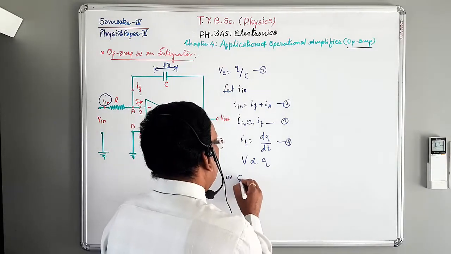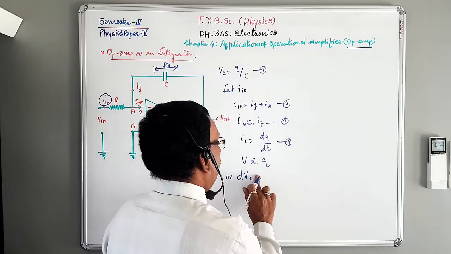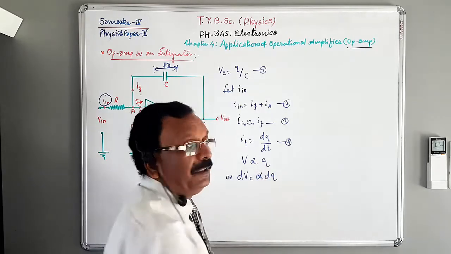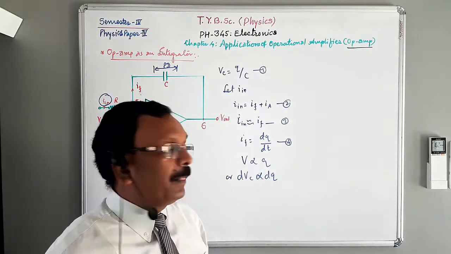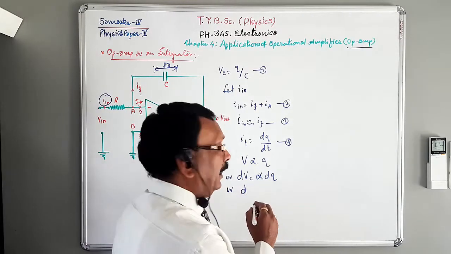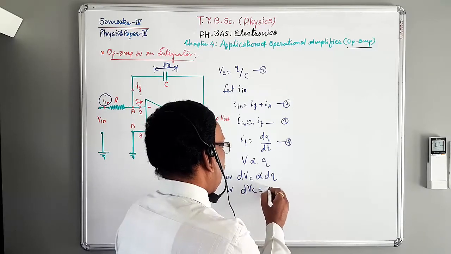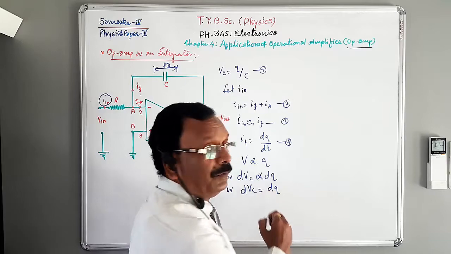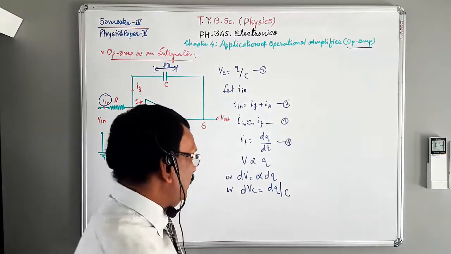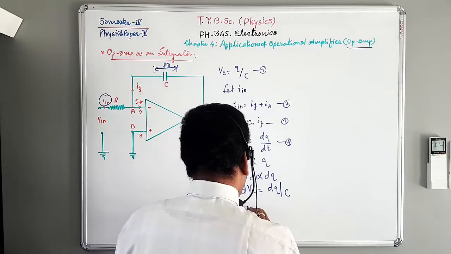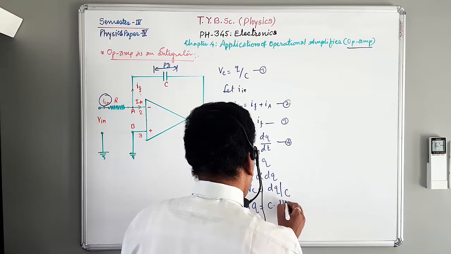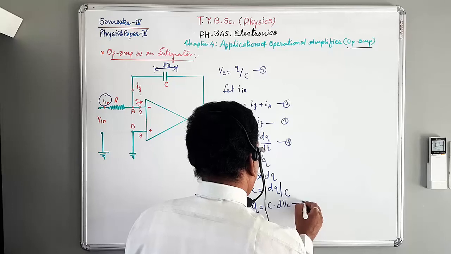Or we can simply say dVC is directly proportional to dq, or dVC is equal to dq upon C, where C is the constant of proportionality. Or from this equation, therefore dq is equal to C into dVC. Suppose this is equation 5.